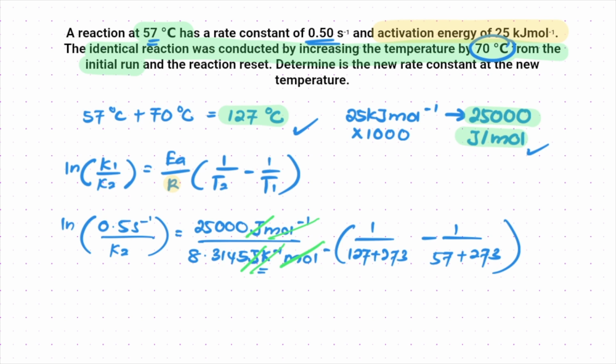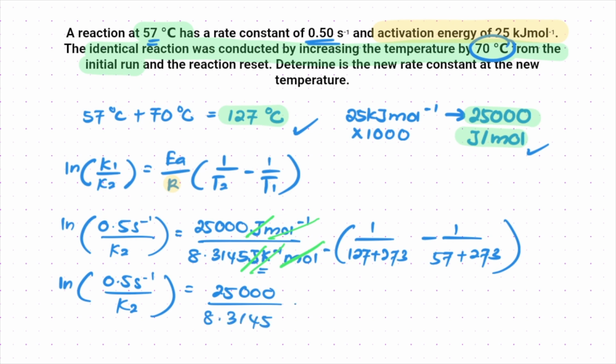So now we're just going to calculate the value. I'm going to convert this part first. So ln 0.5 per second over K2 is equivalent to 25,000 over 8.3145, this one times 1 over 400 minus 1 over 330.